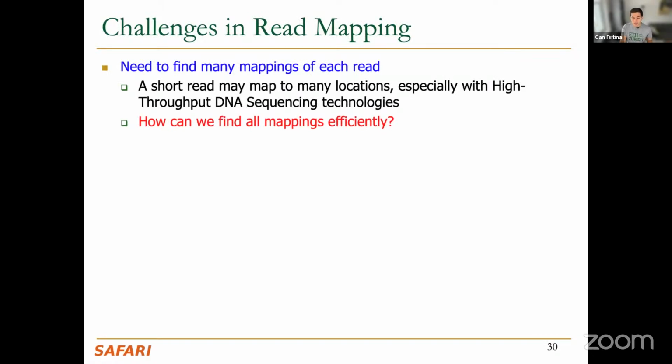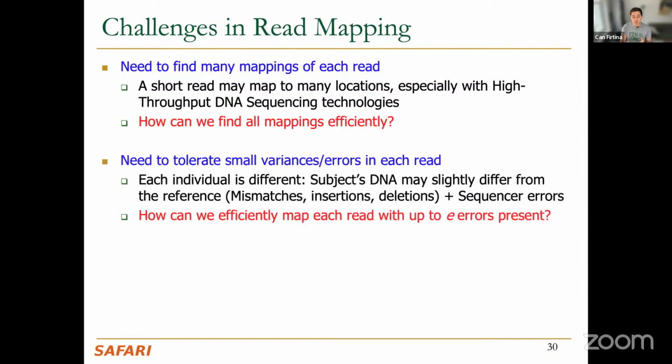So there are certain challenges that you may have already observed so far in read mapping. One challenge is that we really need to find many mappings from each read, because a single read may be mapping to different regions in the reference genome. So how can we find all such mappings efficiently?